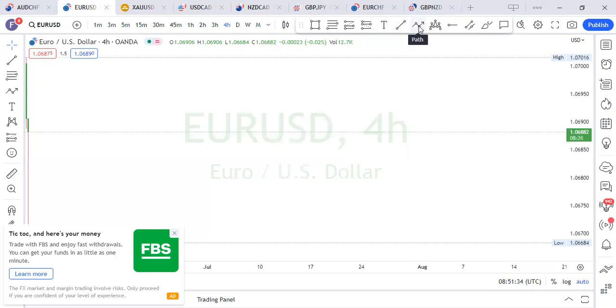Then wait for a new structure, a higher low, to confirm the trend change.